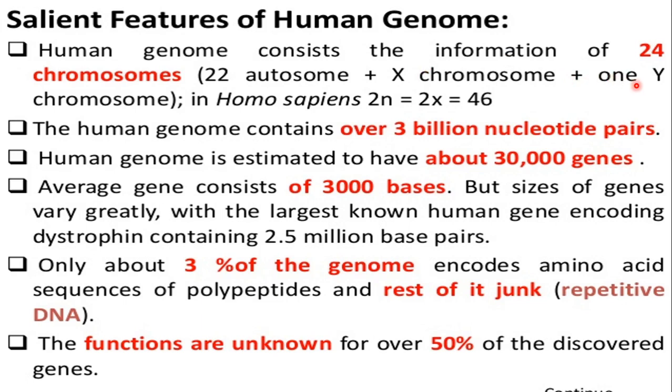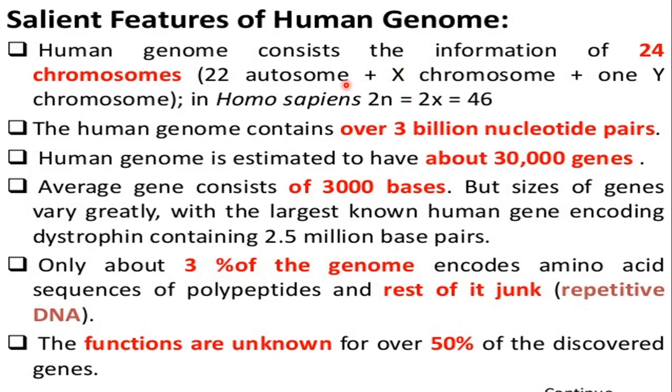Otherwise, we have 23 pairs of chromosomes, which makes 46. That means an individual may have 22 autosomes plus X, or 22 autosomes plus XX, or 22 autosomes plus XY. So all of them were deciphered.